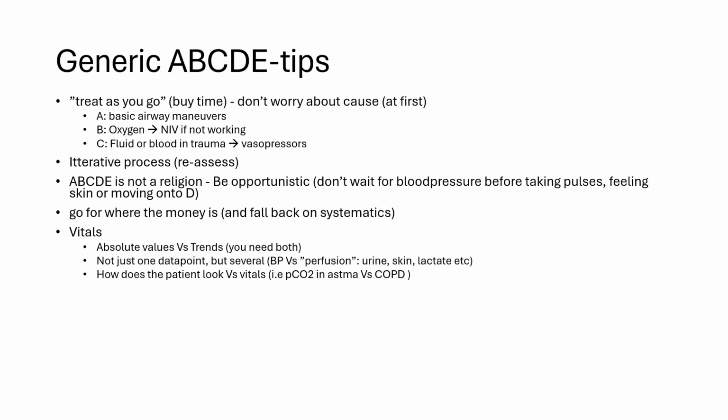Even though the PCO2 is normal. And on the other hand, you might have a PCO2 that is really, really high, but the patient is looking quite good, and that's because the pH is normal, and that would be your COPD patient oftentimes, because they've compensated, and they're just a little bit decompensated now, but not in the same way as an extreme asthma patient.